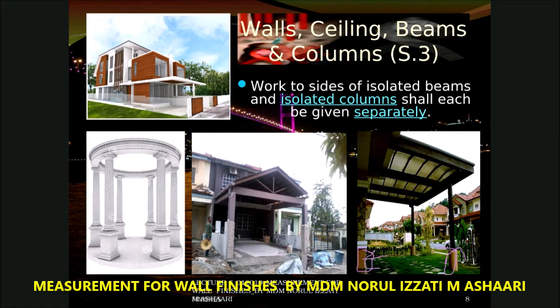You have to measure separately. Same goes to this column. Maybe there is a column here that is going to be painted, but you cannot measure together because one is isolated, one is not. So you have to measure separately as stated in S.3.